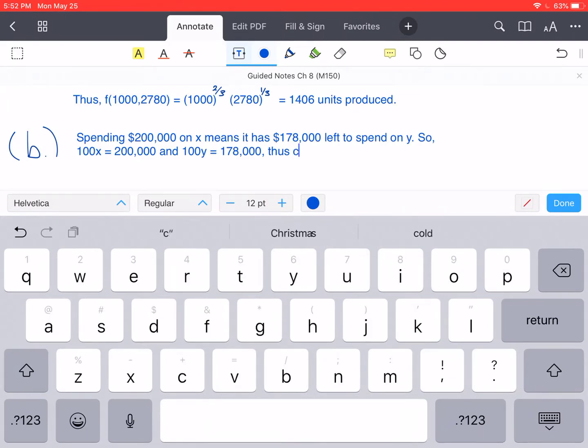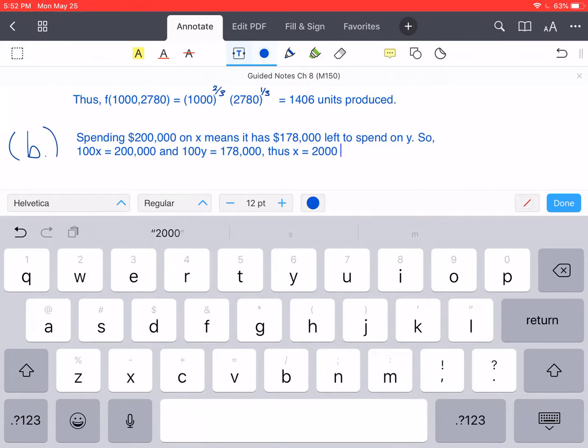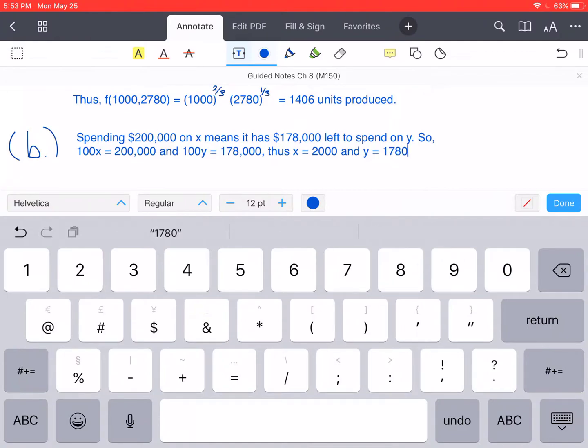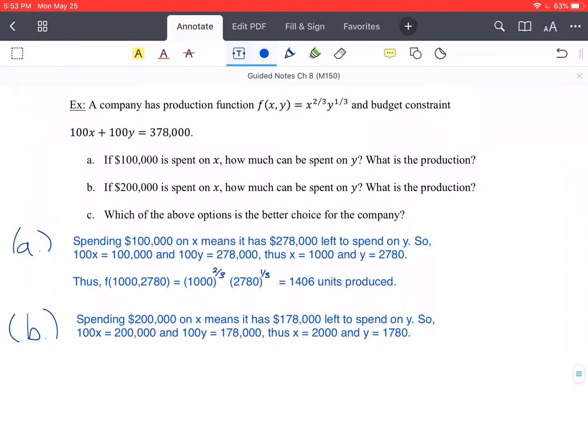Thus, if we solve for x and for y, so divide 200,000 by 100, x is 2,000, and y is 1,780. Okay, so those are the quantities of those products that we're going to put in to make our item, our production.